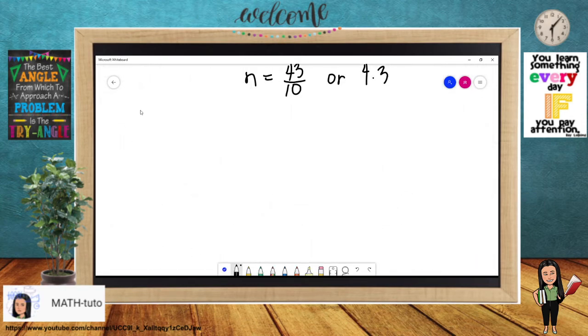Over 4 na, no? So, 8x plus 5 is equal to 2x plus 17.